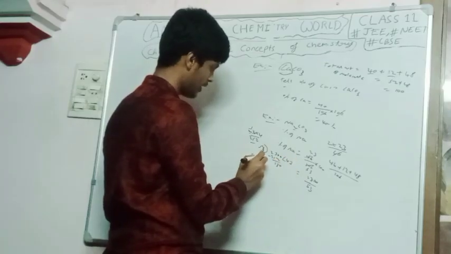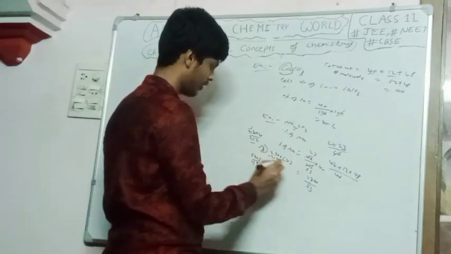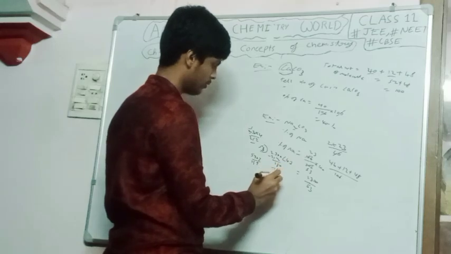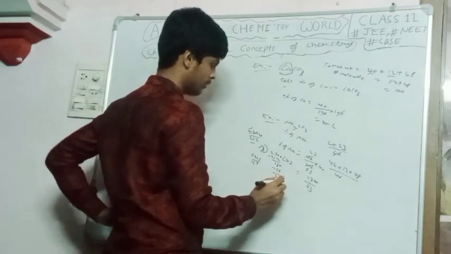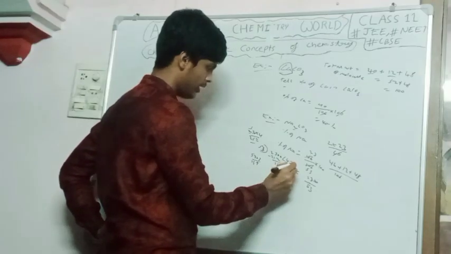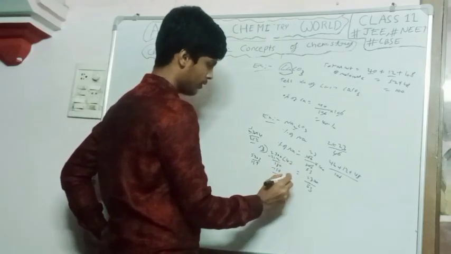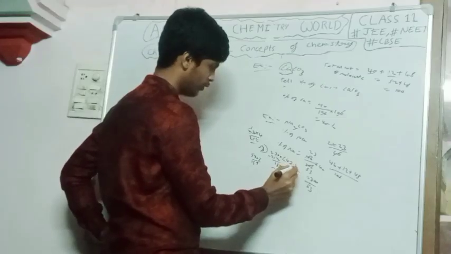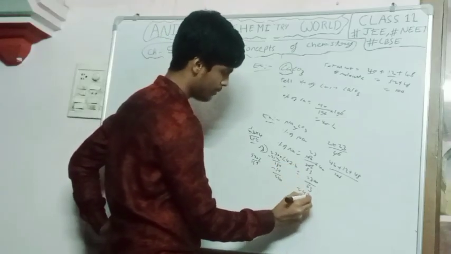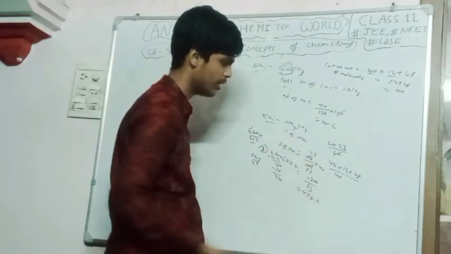So 53 into 3 is 159. So this is 21, and you need to take the decimal point here. So approximately 43.4% is the sodium in this compound.